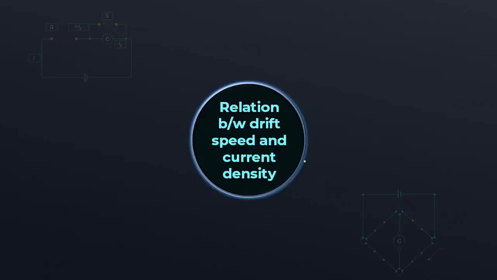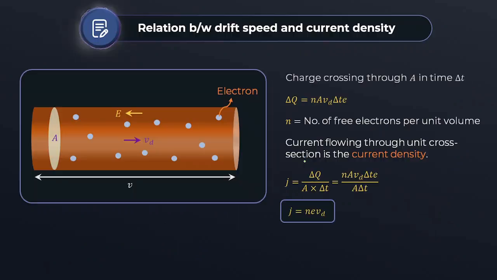Now next is the relation between drift speed and current density, right? So the charge crossing through area A in time interval delta t, we can write Q equals I into delta t. I is what? n e A v into delta t, right? n is the number of free electrons per unit volume. Now in this case, current flowing through unit cross-section area is what? Current density. So we can write J is delta Q by A into delta t.